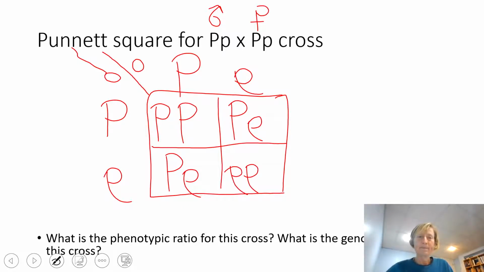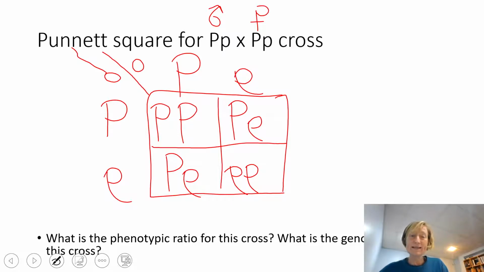Let's think about this. 3 of those 4 boxes, or 3/4 of the offspring, get at least one big P, so they should be purple. 1 of the 4 boxes has 2 little p's, is homozygous for the 2 recessive alleles, and should be white.